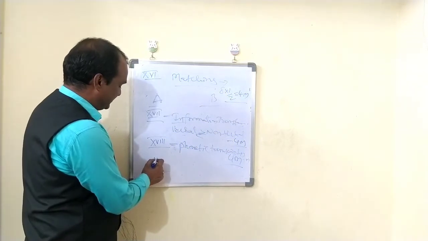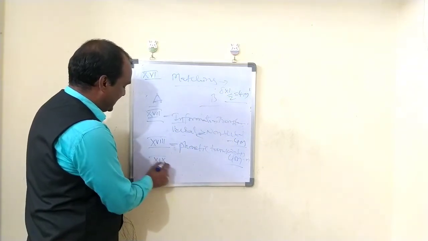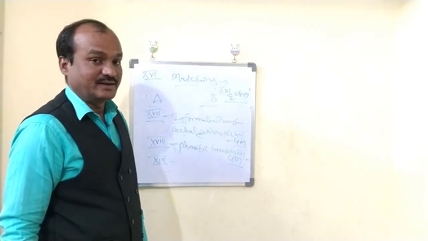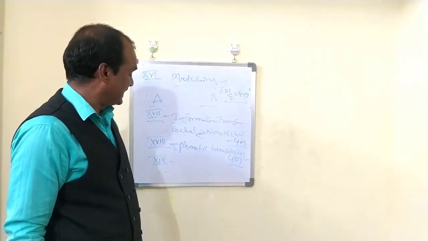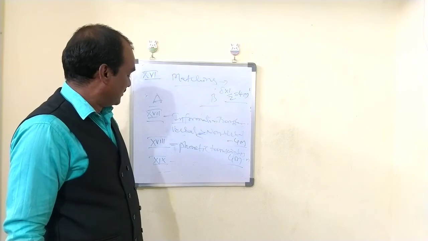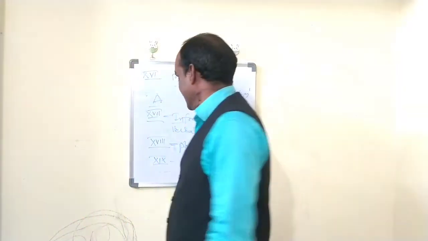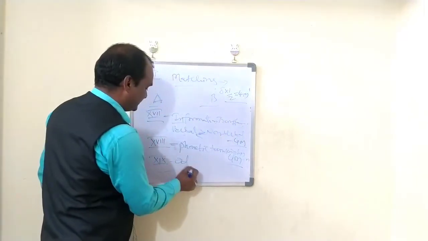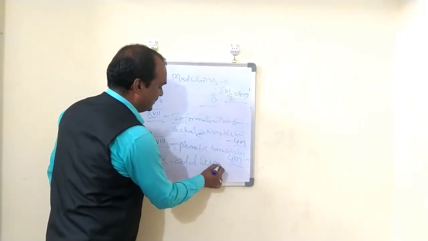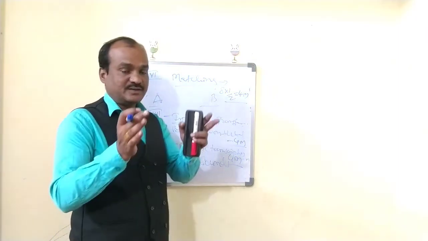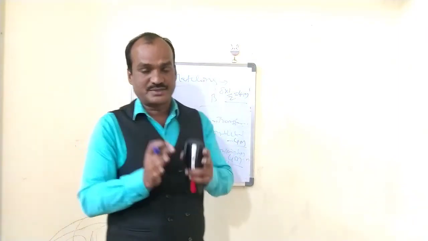So next is bit number 19. The topic is odd sounds, different sounds. Some 4 groups are given to you.